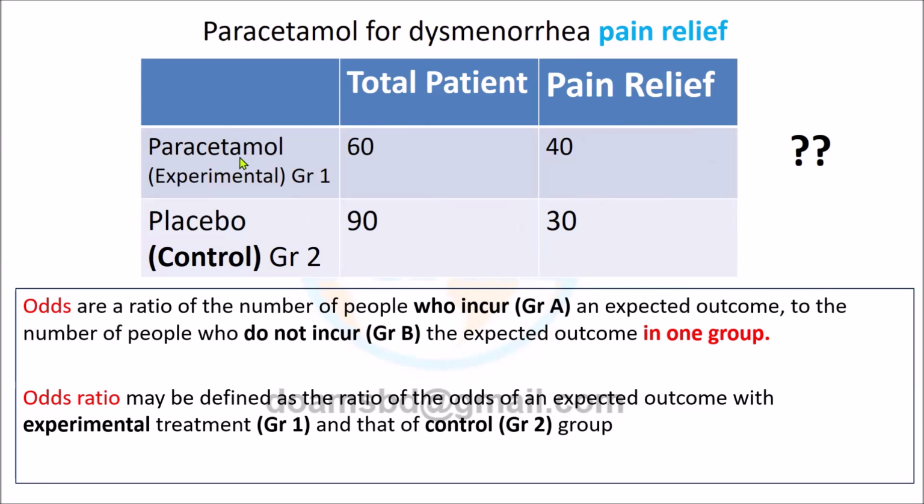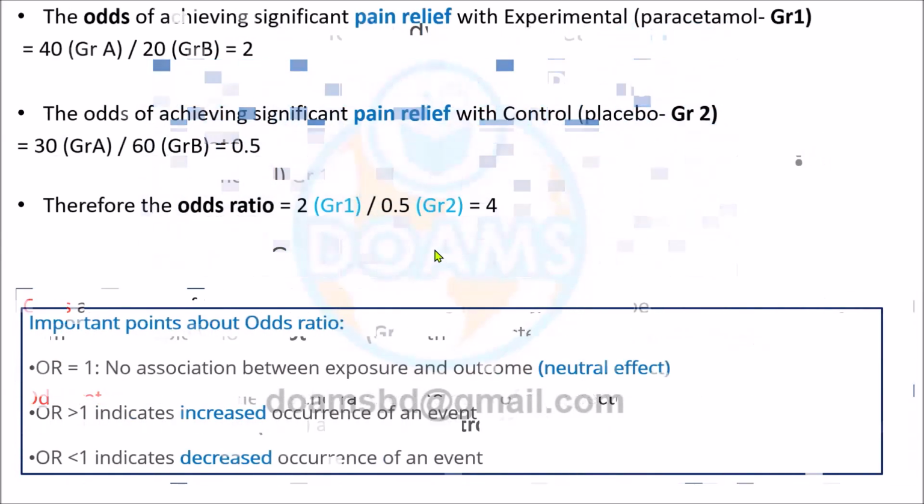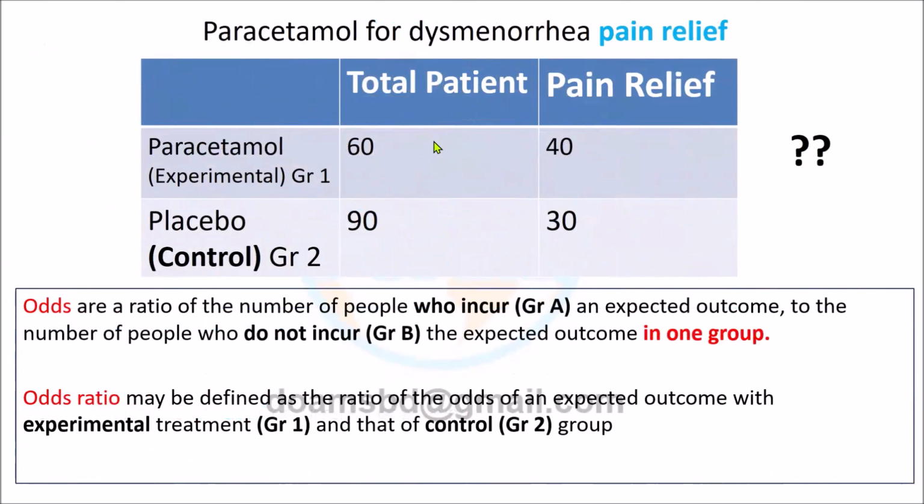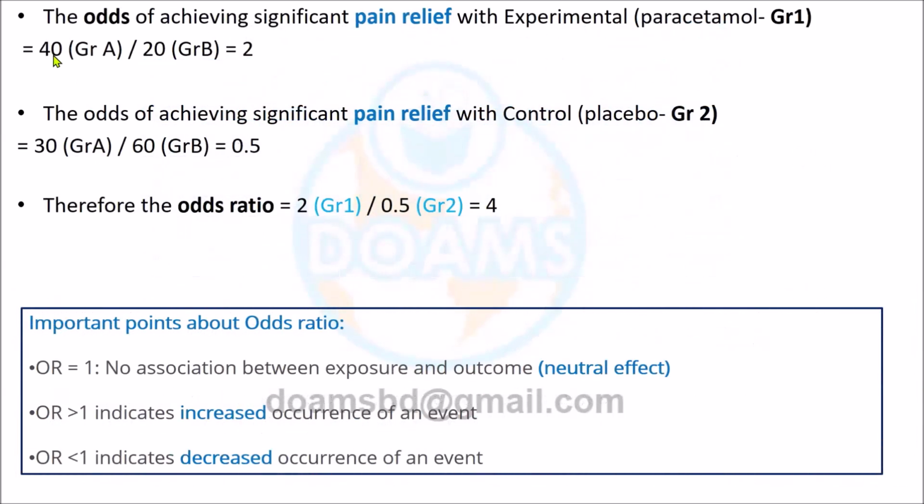So we are thinking group 1 and group 2. Now come to the calculation. Expected outcome was pain relief. So if I make a dividing, pain relief happened how many? 40. Pain relief 40 and not relieved 20.